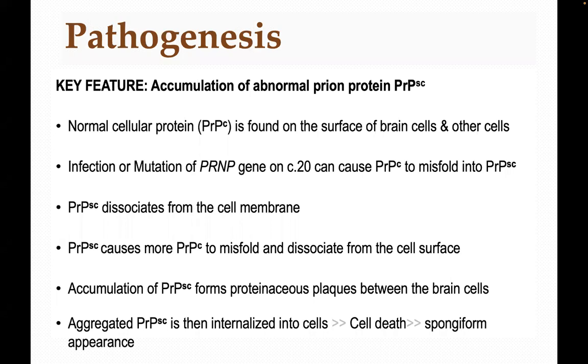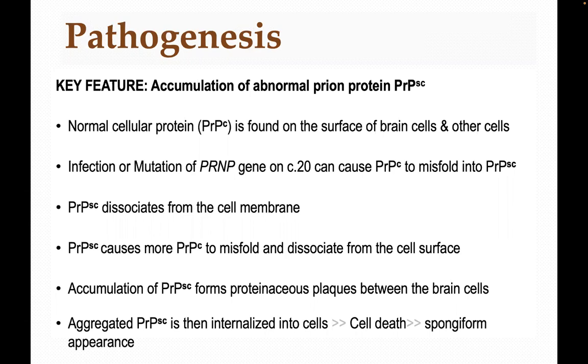So from bullet one, the normal cellular protein PrPC is found on the surface of brain cells and other cells. So it's majorly found on the surface of brain cells. And infection or mutation of the PRNP gene, which is usually located on the short arm of chromosome number 20, can cause PrPC to fold into PrP scrapie.